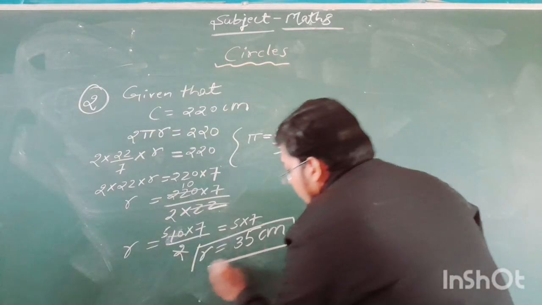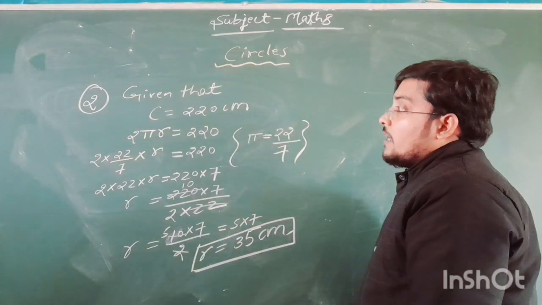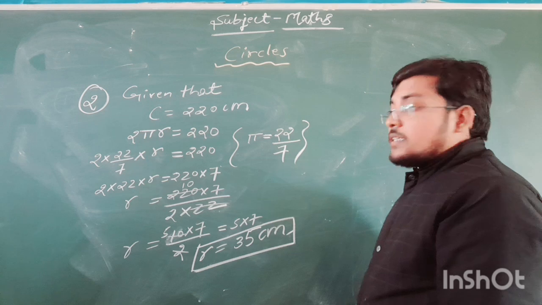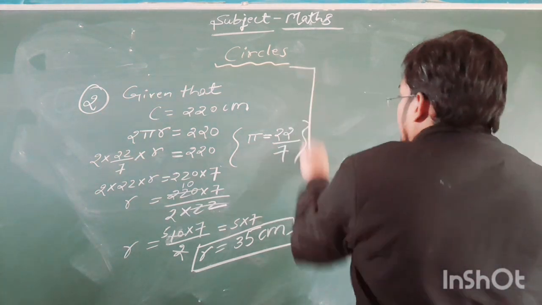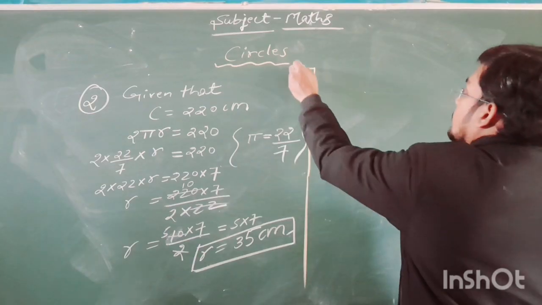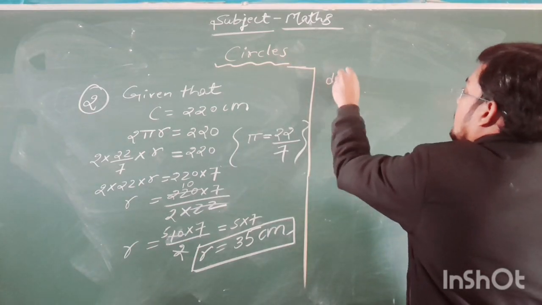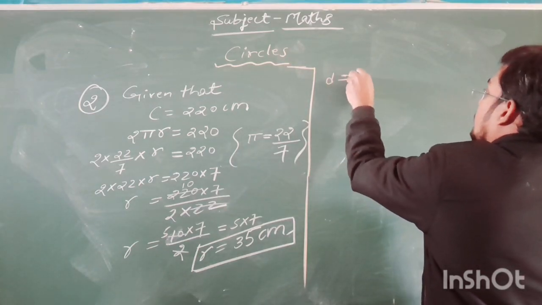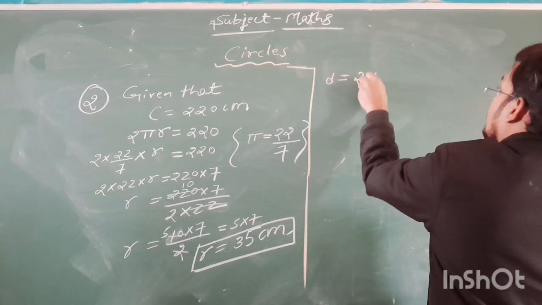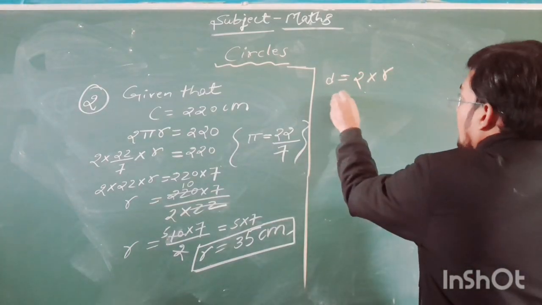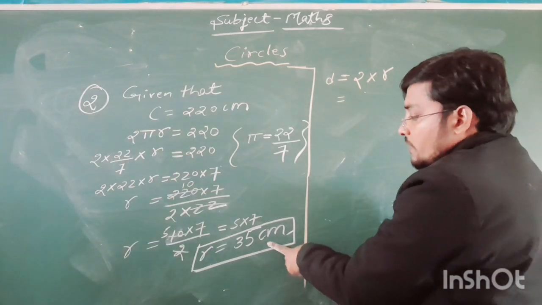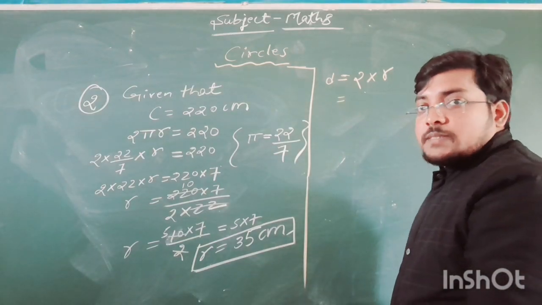We also have to calculate the diameter. Diameter of the circle is equal to 2 into r, twice its radius, and the value of radius is 35 centimeter.